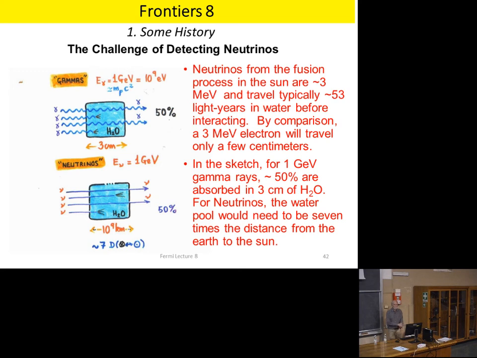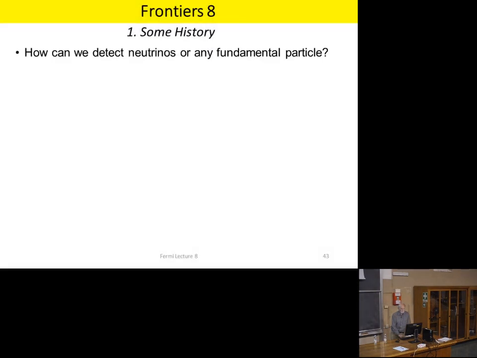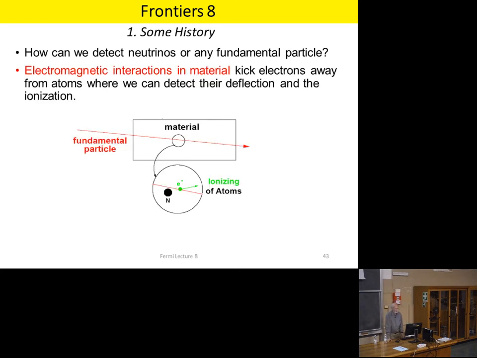And I explained the sketch already. So how can we then detect these neutrinos as fundamental particles? And this existed until about the 1950s. What we want to do is see that the neutrinos, when they interact, do something that we can detect.